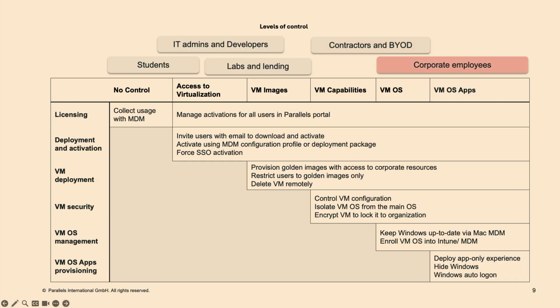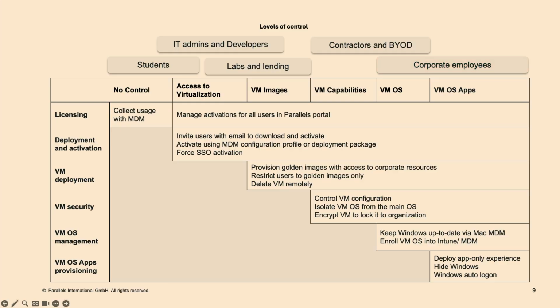And finally, for employees who primarily use Mac devices but need one Windows application to finalize their accounting, for example, you want this Windows application to be so seamlessly integrated with macOS that Windows itself is hidden. This way, they won't be confused by two operating systems running on a single Mac.